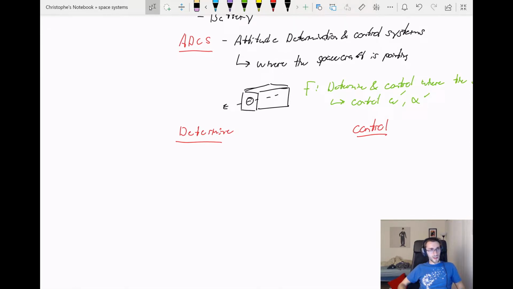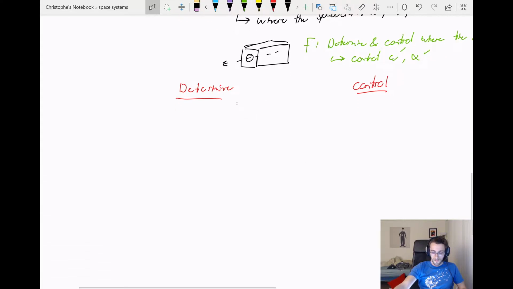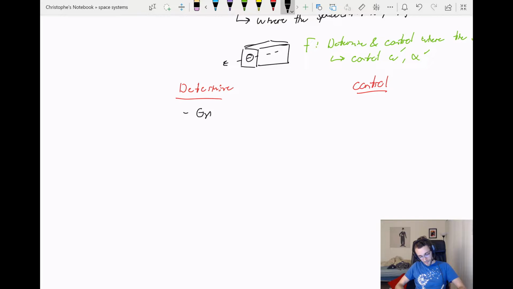Now, there are a lot of different options for determining your attitude. These can be things like gyroscopes. These can be things like IMUs.